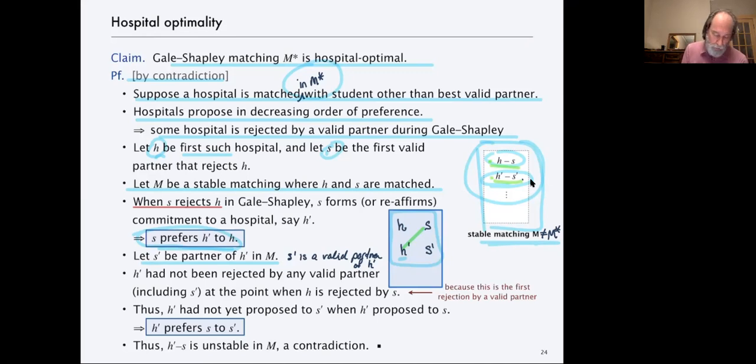So what do we know there? We know at this point H prime is matched with S, so has already proposed to S. H prime is not matched with S prime.